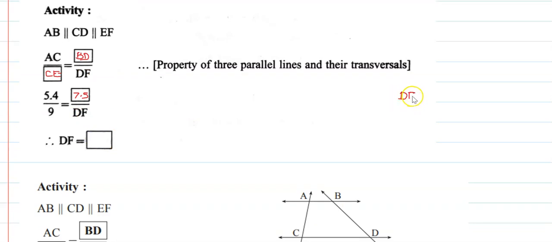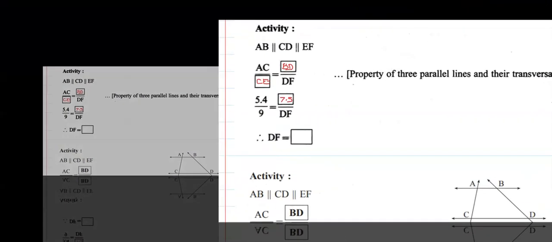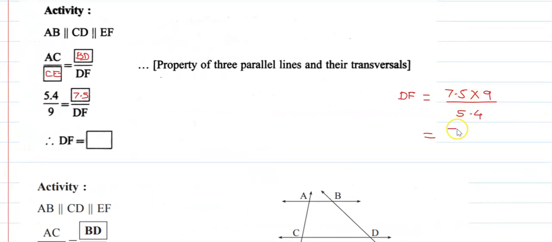DF is equal to 7.5 into 9 upon 5.4. If we multiply numerator and denominator by 10, then 7.5 will become 75, and 5.4 becomes 54. Now simplify. 6 1s are 6, 6 2s are 12, and 6 5s are 30.